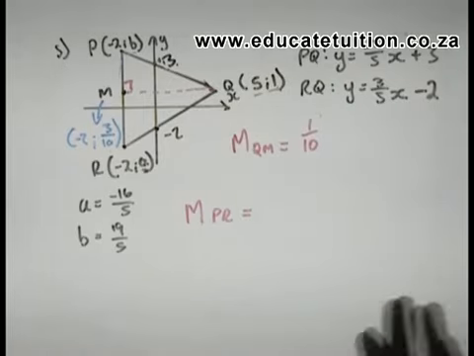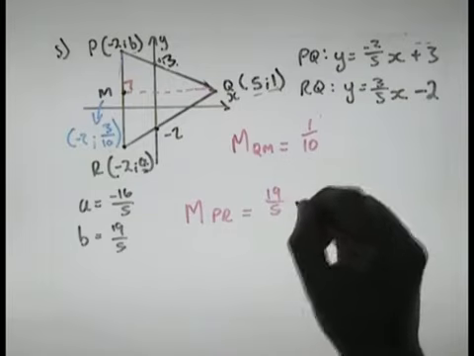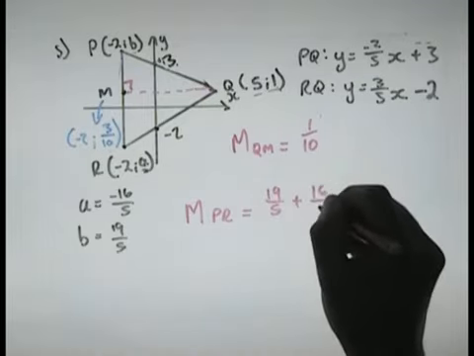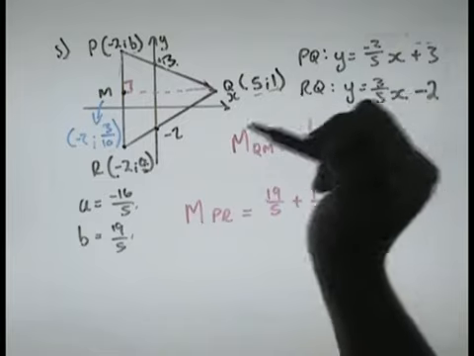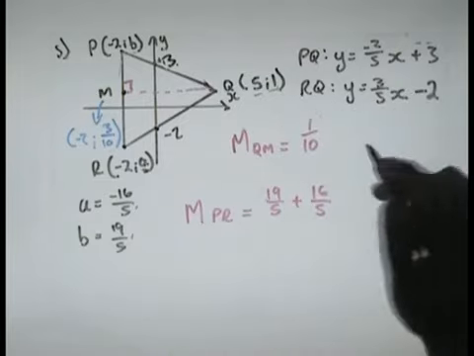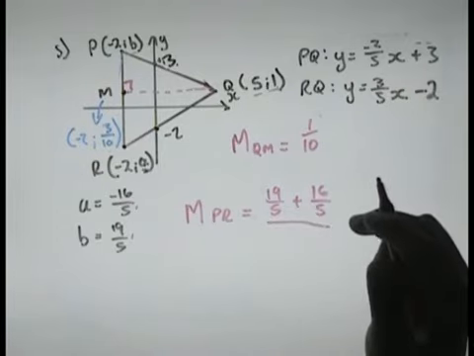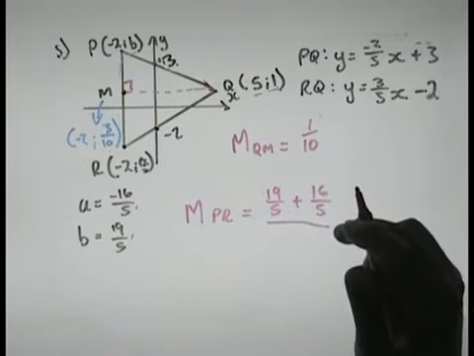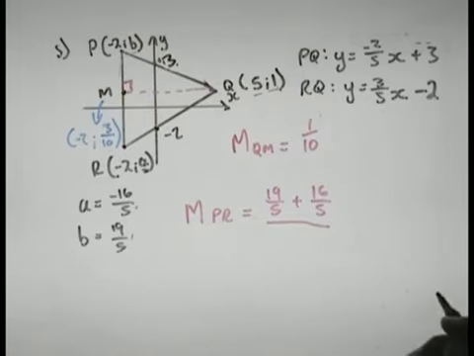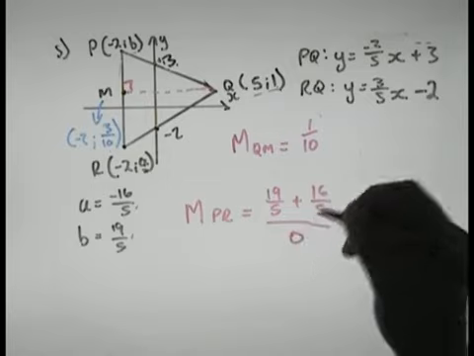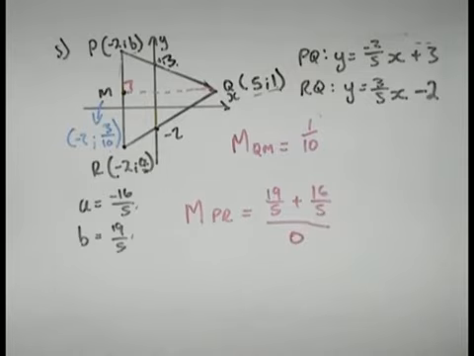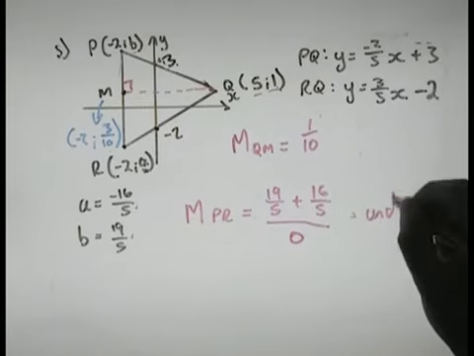The gradient of PR is going to be y2 minus y1, b minus a, or 19 over 5 minus minus 16 over 5, which is plus 16 over 5, divided by x2 minus x1, which is going to be negative 2 minus minus 2, which is negative 2 plus 2, which is 0. Look at this. We've got an undefined gradient.